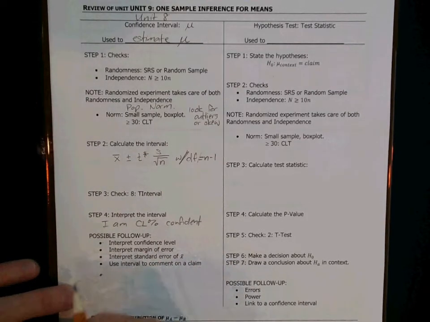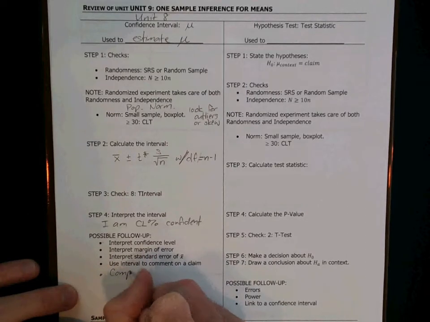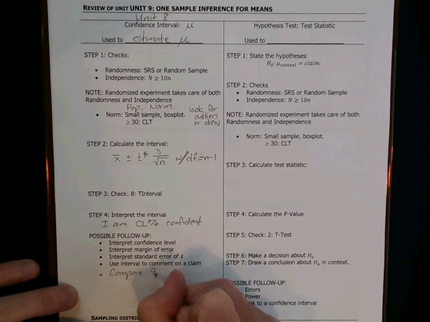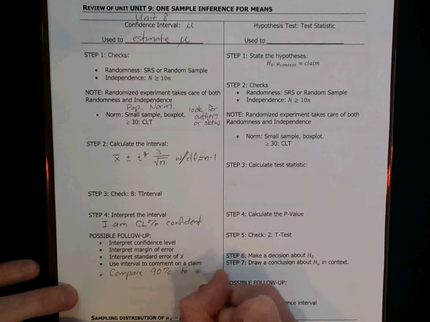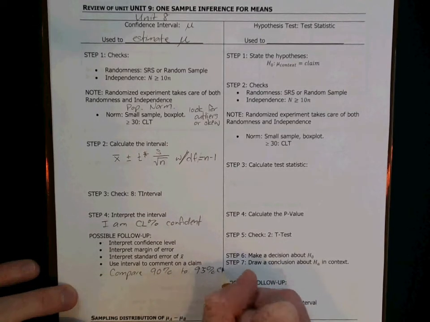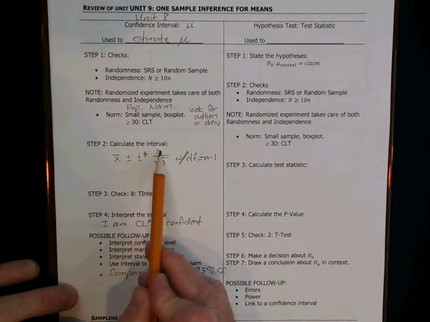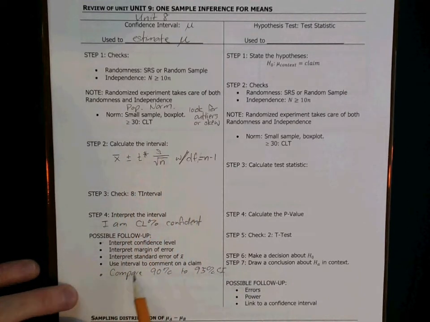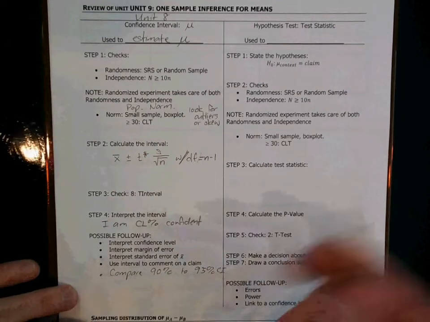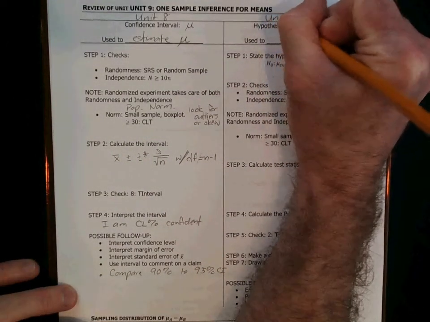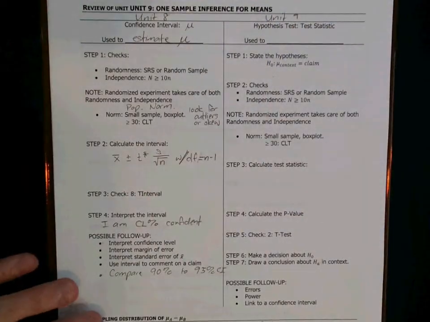Another one is you could be asked to compare, let's say, a 90% to a 95% confidence interval. So, you know, if sample mean and sample standard deviation were the same, which is thinner, which is wider, those types of questions.